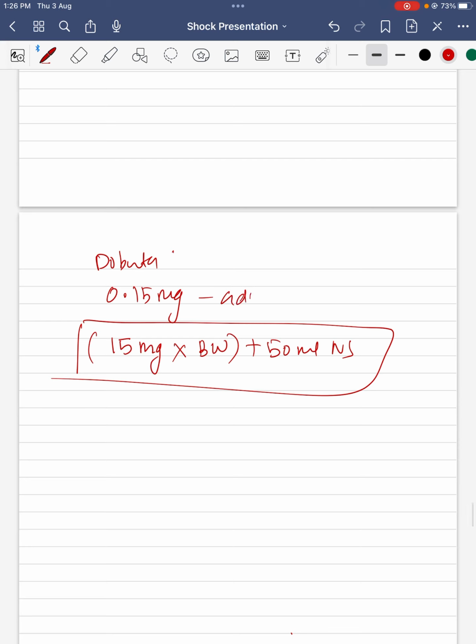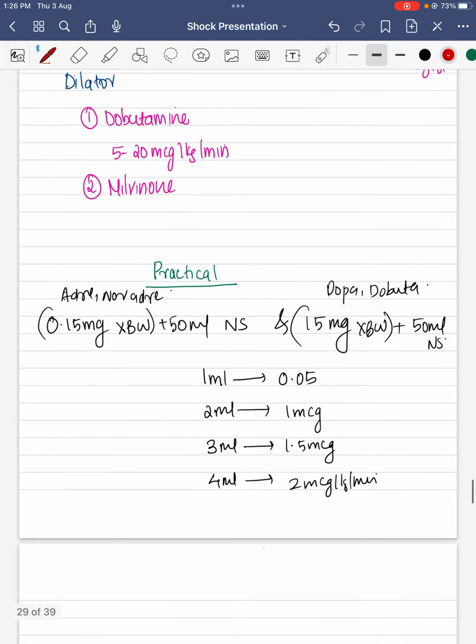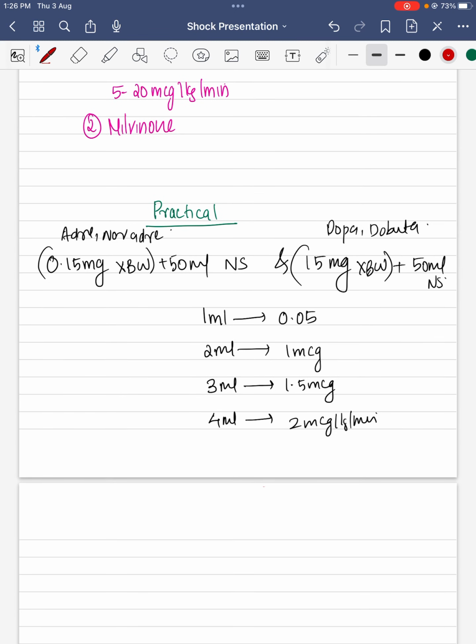This is adrenaline and noradrenaline. This is Dobuta, Dopa. This much clear? So please take a screenshot of this one. Okay.